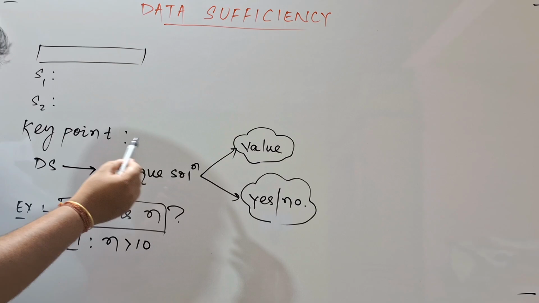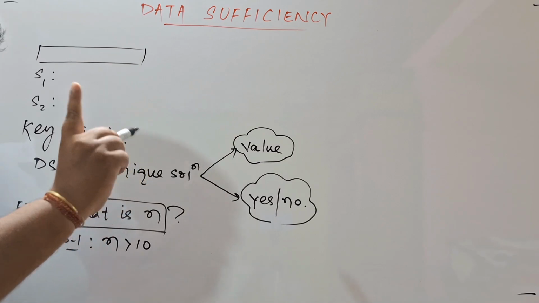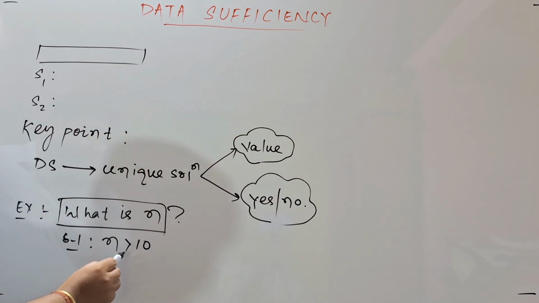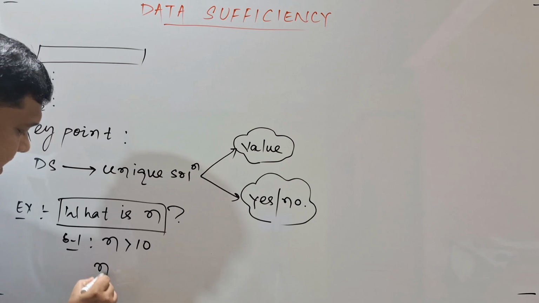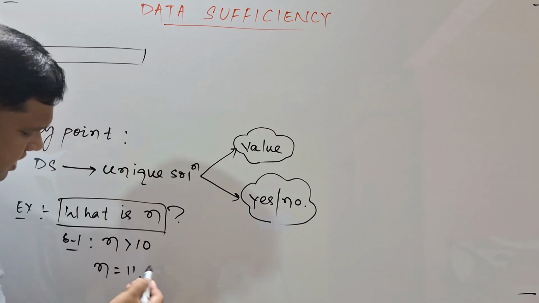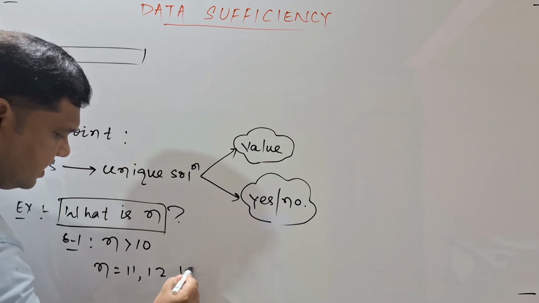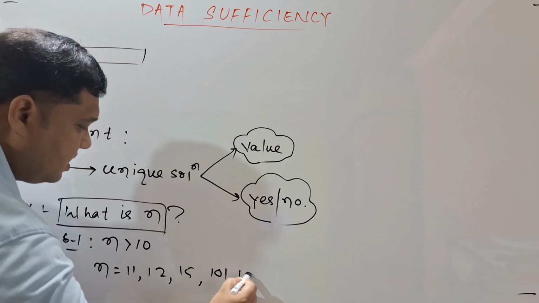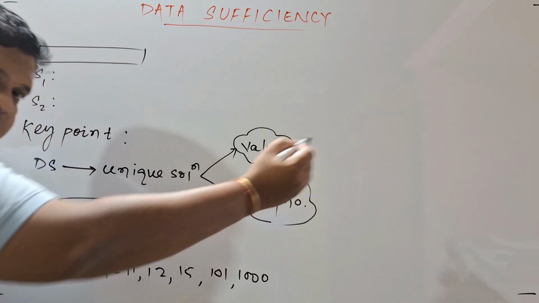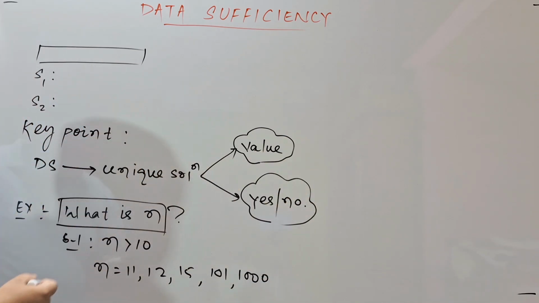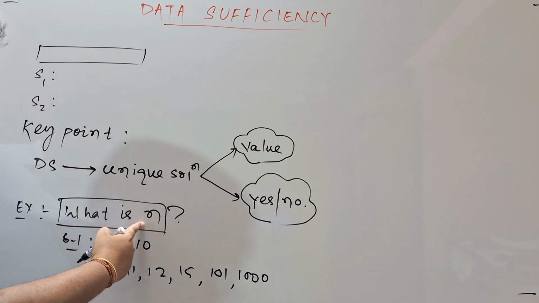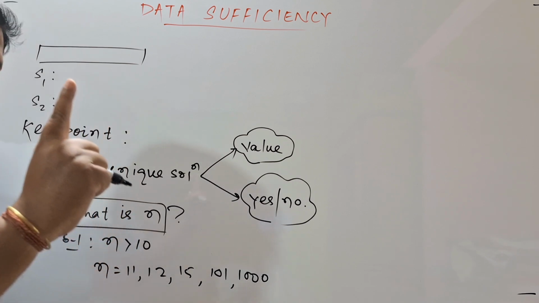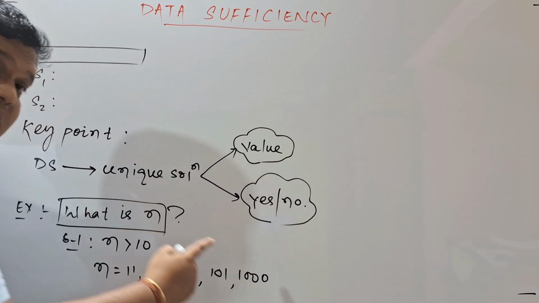Here we need to come up with a single value. But n greater than 10 means n may be 11, 12, 15, 101, 1000, up to infinity. Infinite solutions are possible. But the question is to find the value of n, so we need a single value, but here we get infinite values.